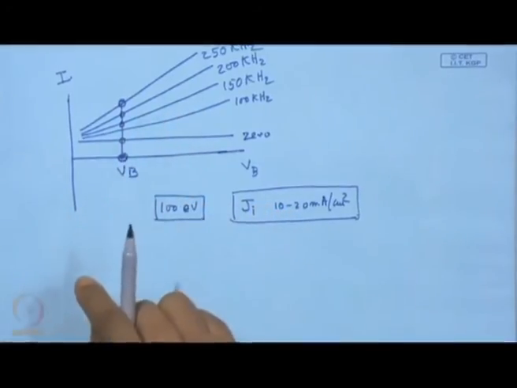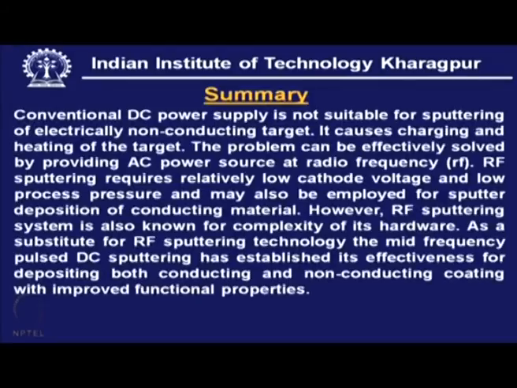So, with that we come to the summary, which can be stated as follows. Conventional DC power supply is not suitable for sputtering an electrically non-conducting target. It causes charging and heating of the target and finally leads to arc discharge. This problem can be effectively solved by providing an AC power source at radio frequency, which is in the order of 13.56 megahertz.